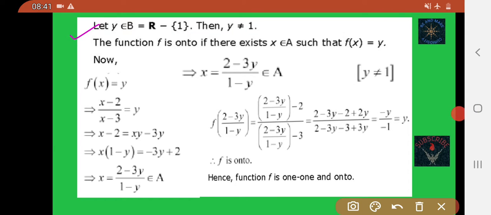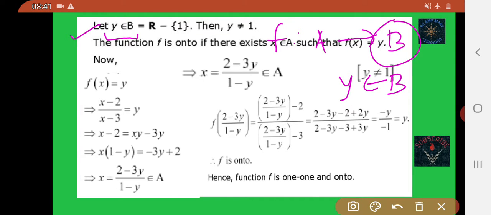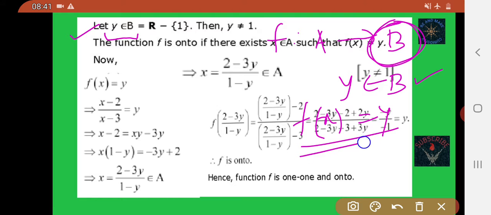You consider, first choose an arbitrary element y in set B, f mapping from A to B. You choose an element y which belongs to set B. This is the first step, such that f of x is equal to y.